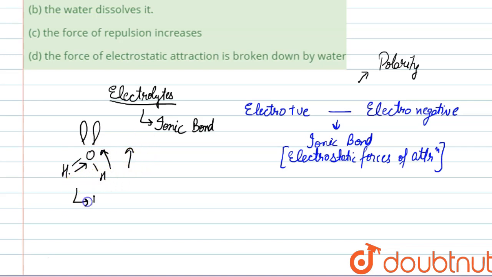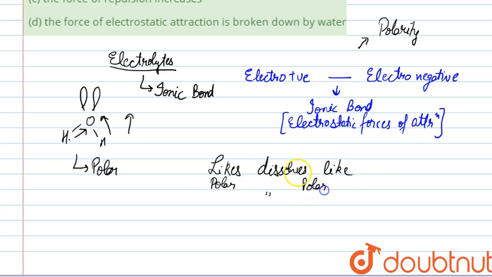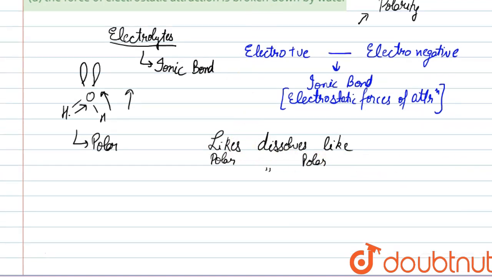This means that water is also polar in nature. Now we know that likes dissolve like, or we can say polar dissolves polar. This is a statement which refers to two polar compounds can dissolve in each other.